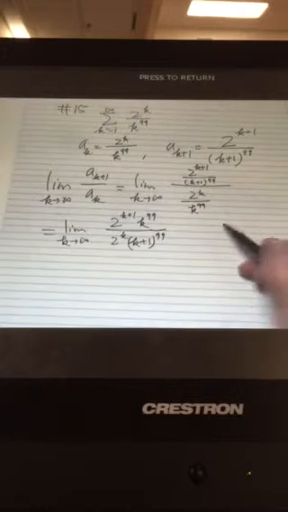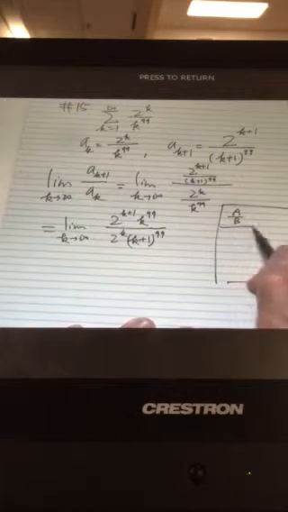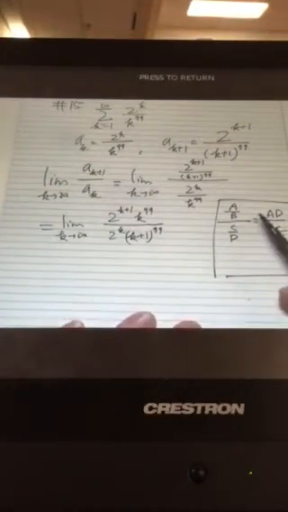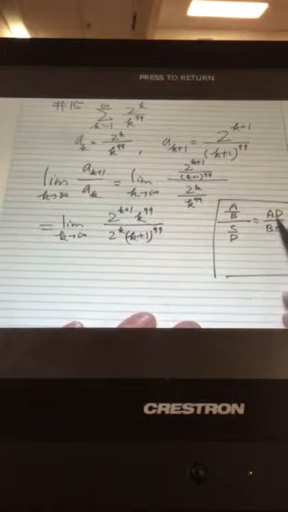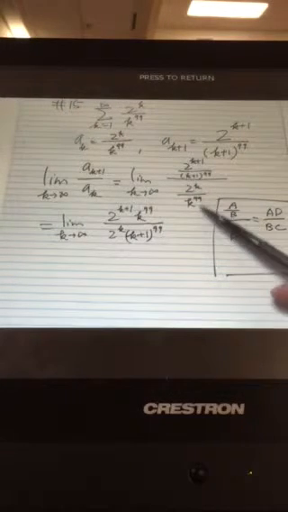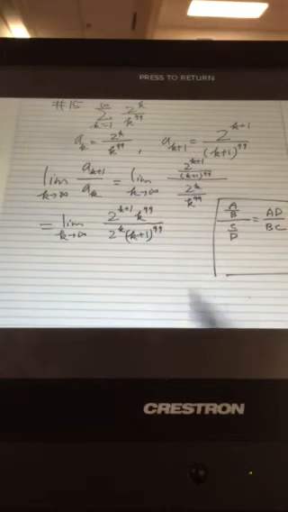Here I use the algebra you probably remember: if A over B divided by C over D, this is AD divided by BC. That's the algebra we use here.